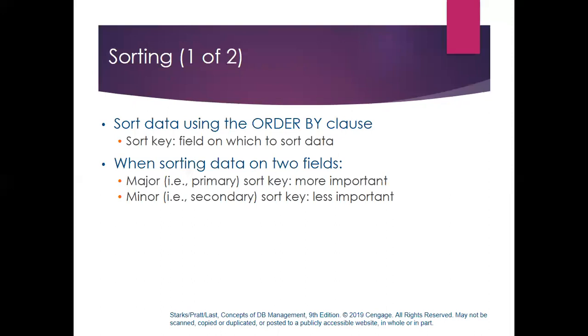The field on which to sort data is called the sort key. When sorting on two fields, the more important sort key is called the major, that is primary, sort key, and the less important sort key is known as the minor or secondary sort key. Please see pages 98 to 100 of the textbook for additional information.